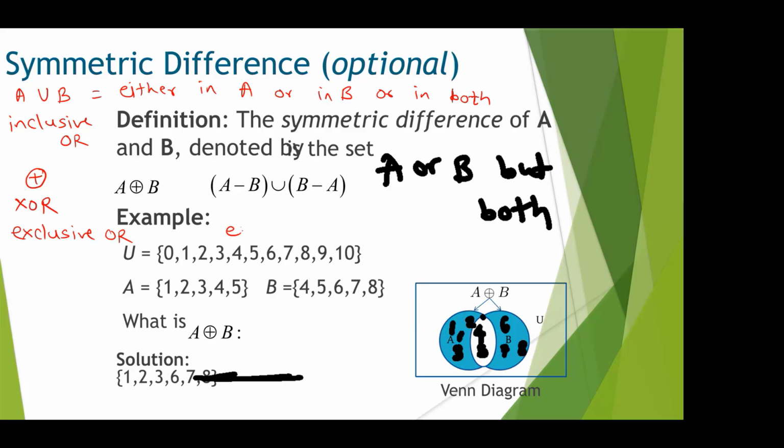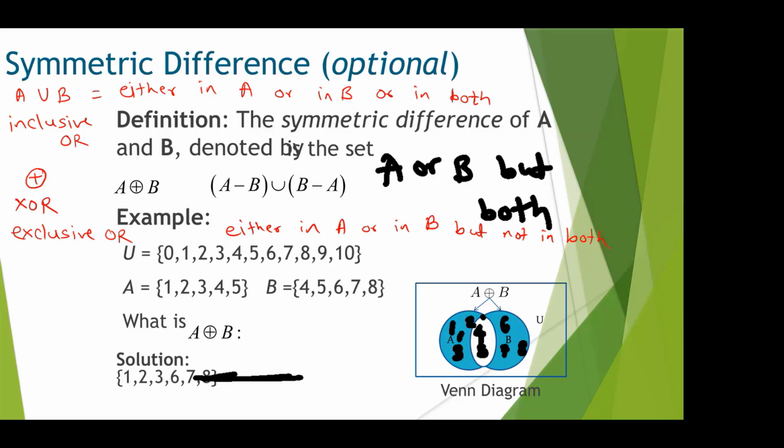So either in A or in B, but not in both. In other words, whatever elements are in the intersection, we don't take those. That element must be either in A or in B, but not in both.